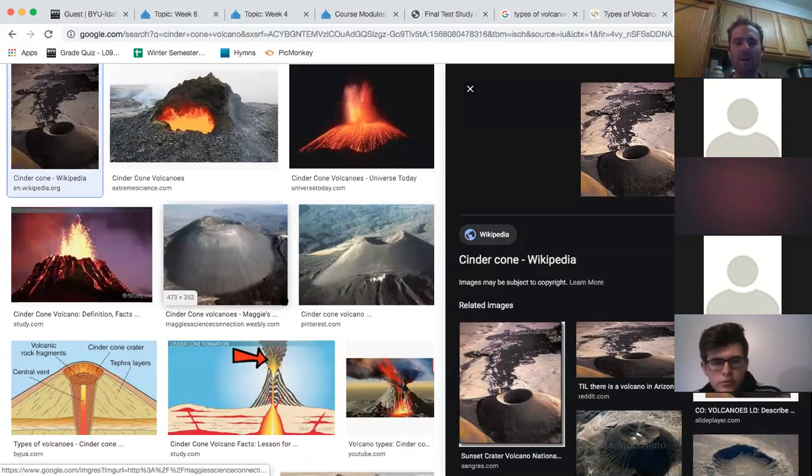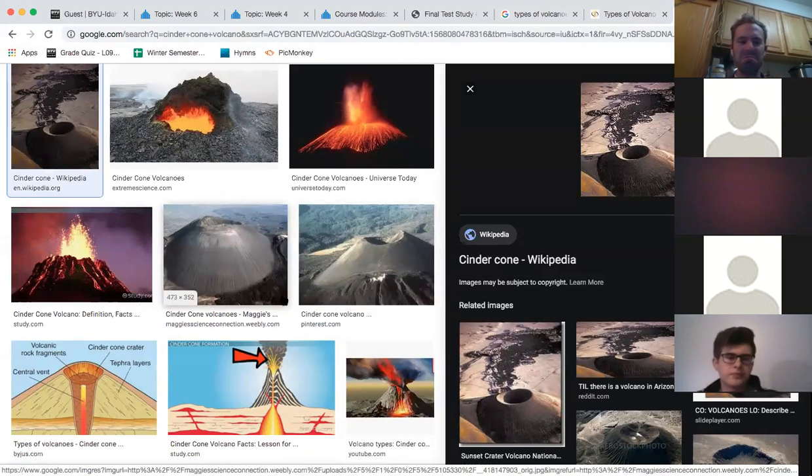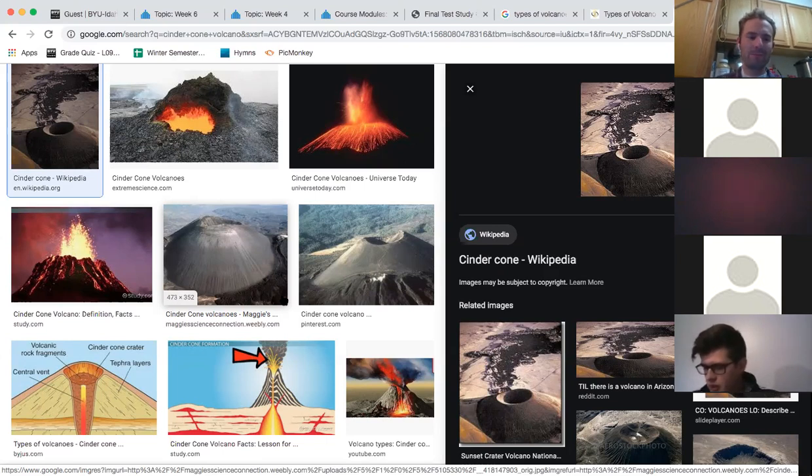A cinder cone volcano can be hundreds of feet tall to a few thousand feet tall, whereas your stratovolcano is going to be, you know, Mount St. Helens, Mount Hood, 12,000, 13, 14, 15,000 feet tall. So scale is different, for one.